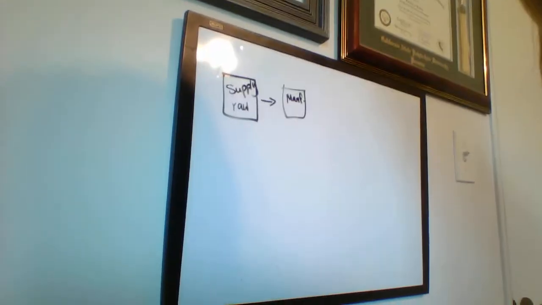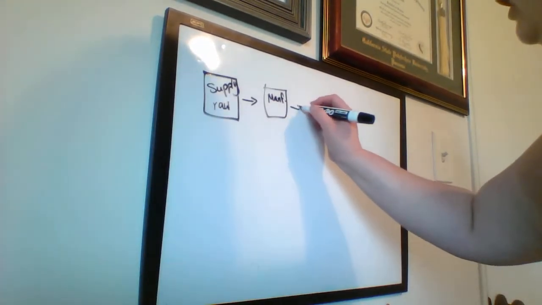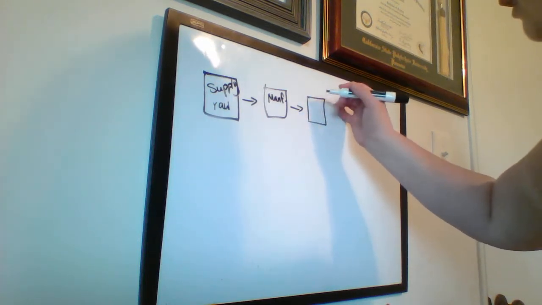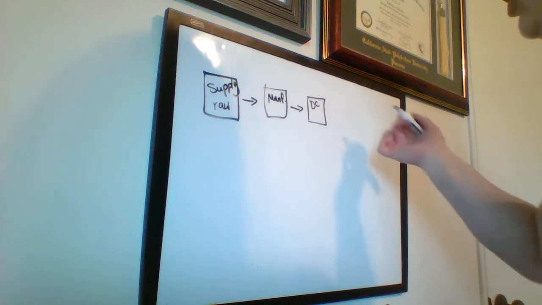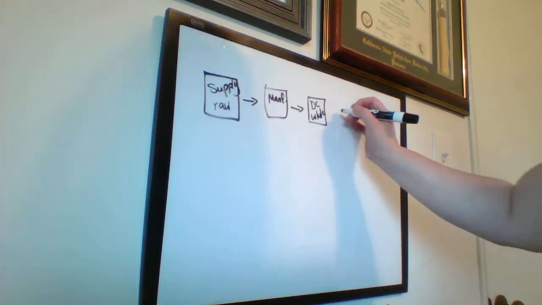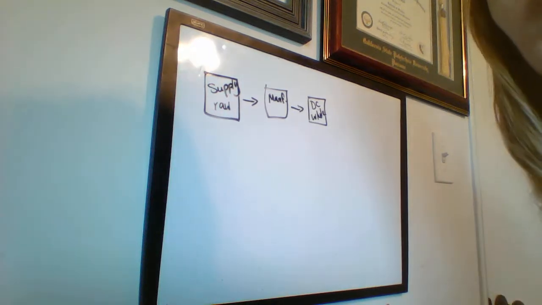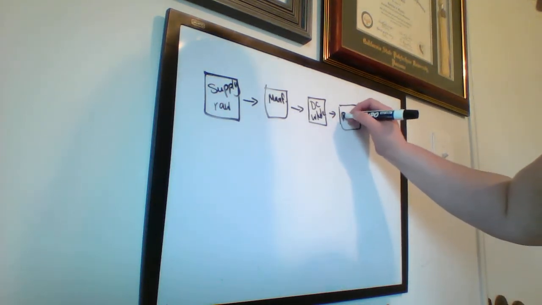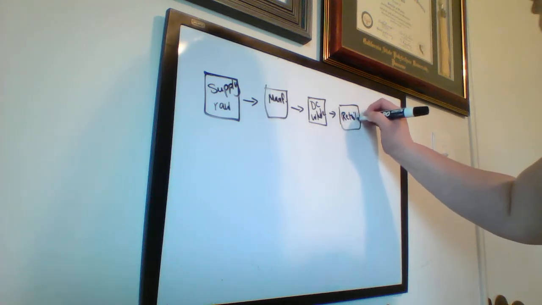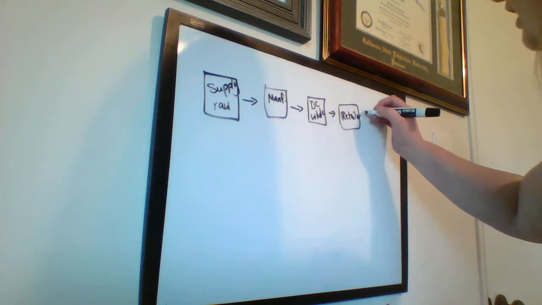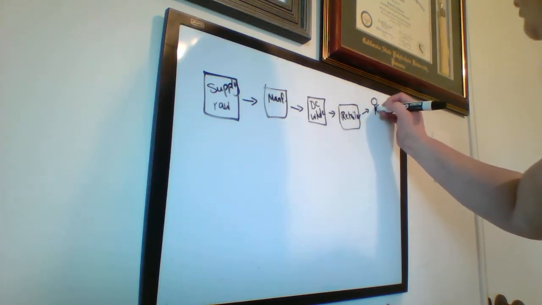From the manufacturer, it then goes directly to usually a DC, which is a distribution center, or a wholesaler, in order to sell your products bigger. Then from the wholesaler, it ends up at the retailer. The retailer is where a lot of our major transactions take place, where we can sell our goods directly to our customers.